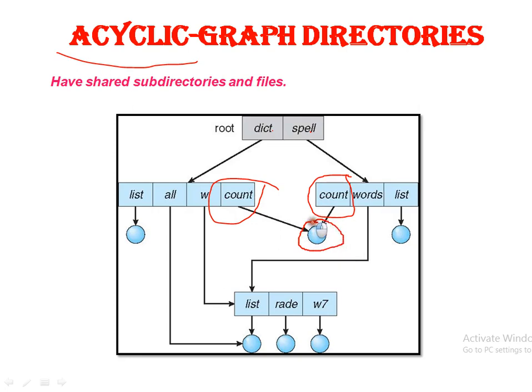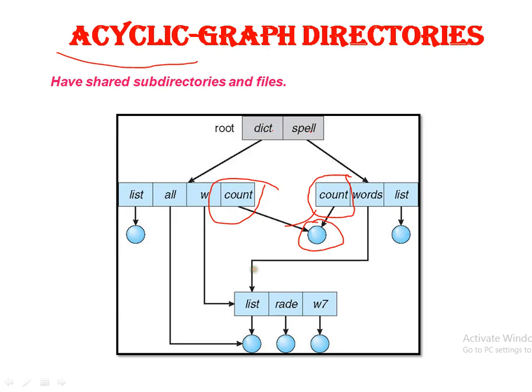You have a common file here, which is accessed by count. So the same file is under two different directories. The acyclic graph is a natural generalization of the tree structured directory scheme.